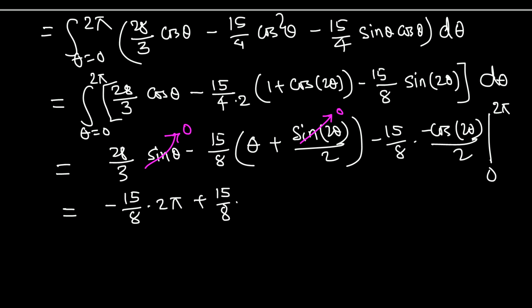Okay, 2 times 2 pi. Cosine 4 pi is the same as cosine 0, which is 1. So 1/2. That's from upper limit. Minus lower limit 0 makes sine 0 zero. This is 0. Theta 0, so everything's gone, minus minus plus, so 15 over 8 times cosine 0 is 1 over 2.